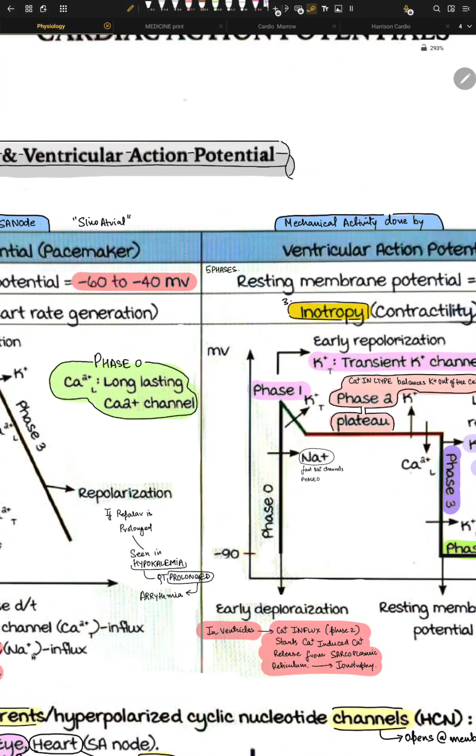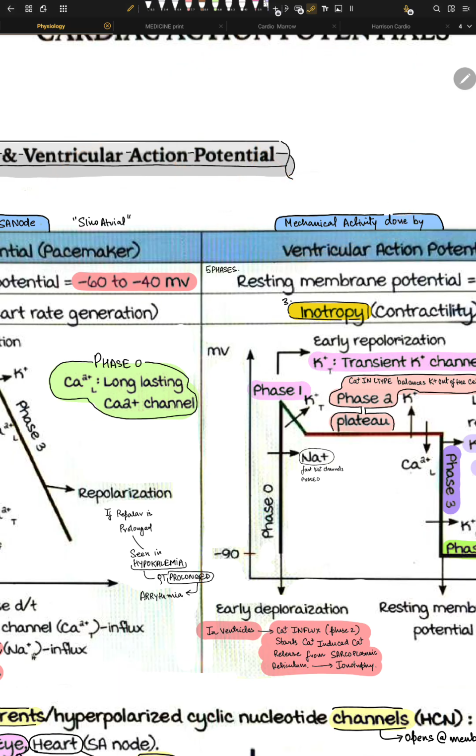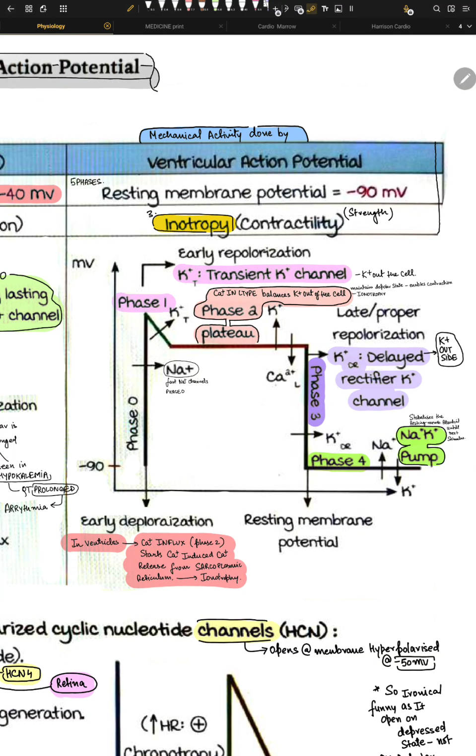This AV node stops the impulse for some time, around 0.1 second, so that our ventricles have enough blood to contract and push the blood outside. So let's try to understand the phases in ventricular myocytes. We call them ventricular myocytes because myo means muscle, cytes means cells, and that's why they're named ventricular myocytes.